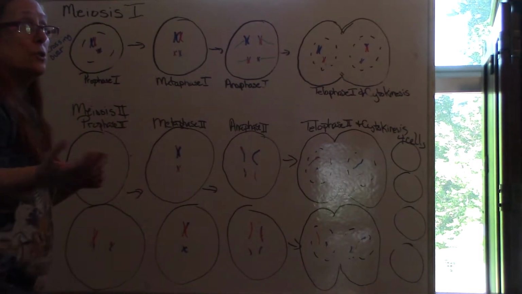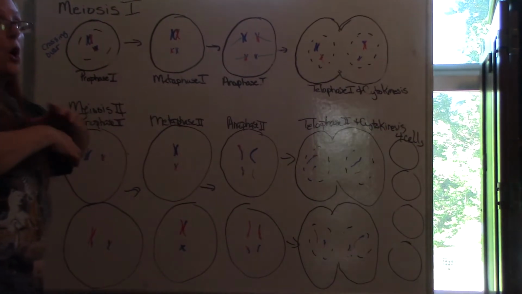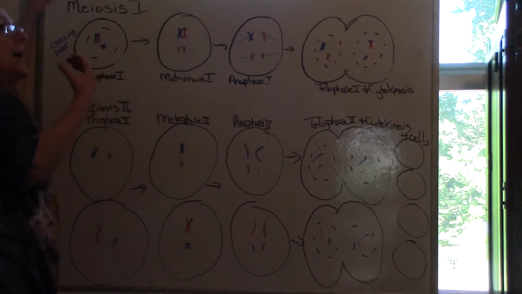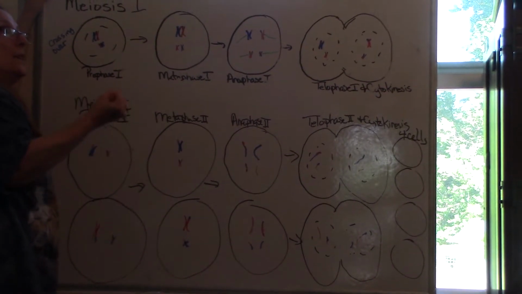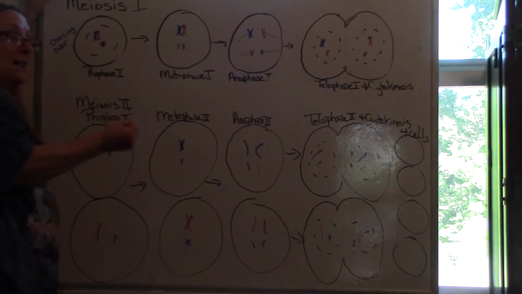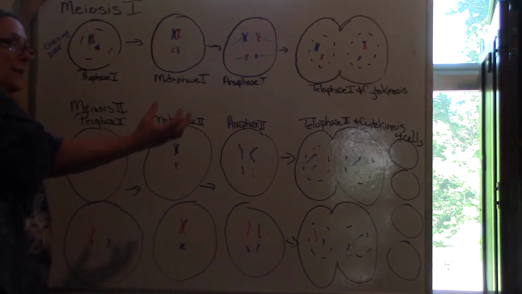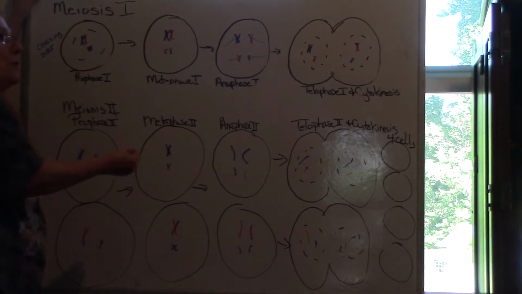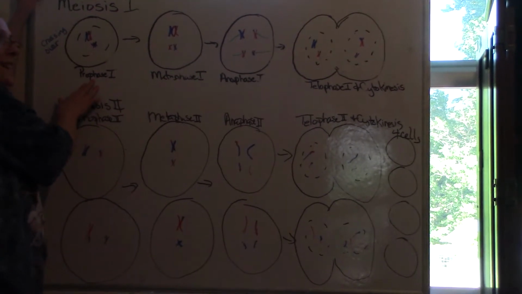All this starts when a male hits puberty, and so he's got a whole bunch of spermatogonia. Let's say that with every mitosis that occurs, one of those spermatogonia stays a spermatogonium or a germ cell, and the other one differentiates into a primary spermatocyte.